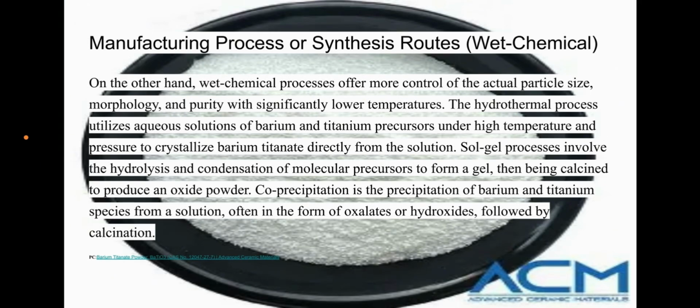Sol-gel processes involve the hydrolysis and condensation of molecular precursors to form a gel, then being calcined to produce an oxide powder. Co-precipitation is the precipitation of barium and titanium species from a solution, often in the form of oxalates or hydroxides, followed by calcination.